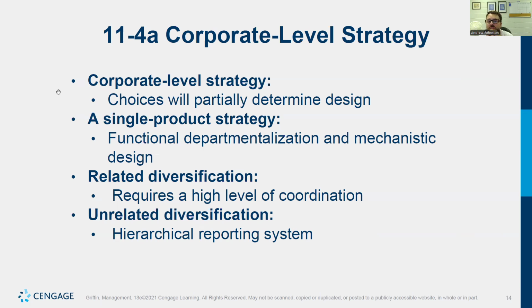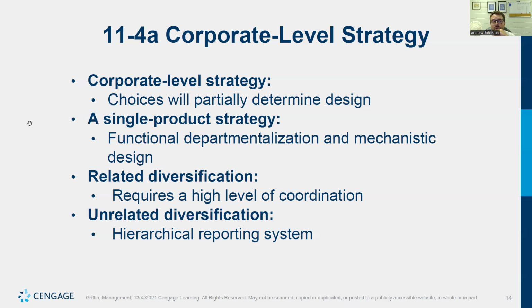Are we doing a single product strategy, in which case a functional departmentalization that we looked at last lecture can work well, where it's just a unitary form. We're going to look at it in a moment here, but you just divide up. You have a marketing department, a finance department, an operational department, and you get economies of scale, which you can capitalize on because you are all working towards the same product rather than having to divide the attention of those different functions across multiple products within the same organization.